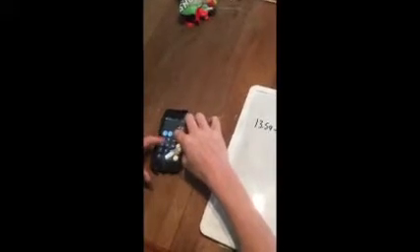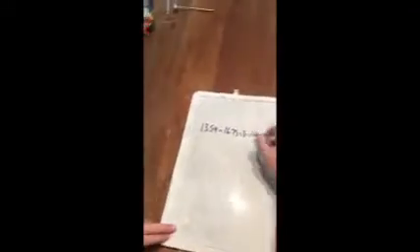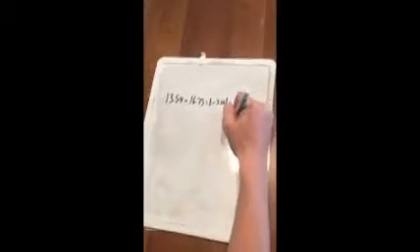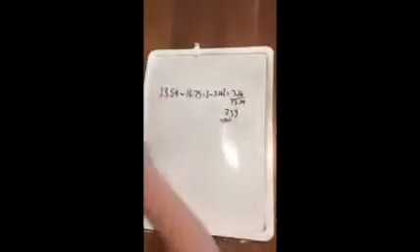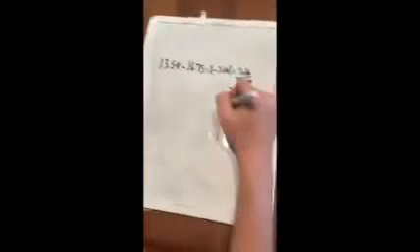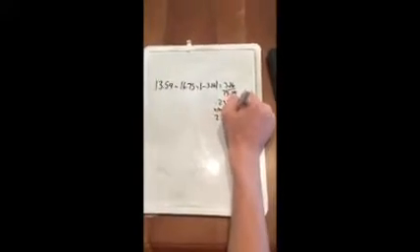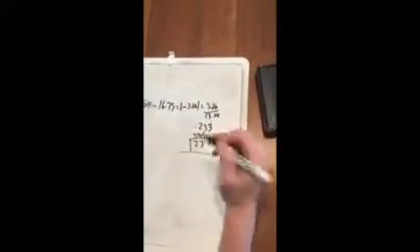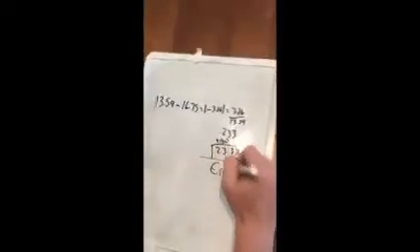So 3.16 divided by 13.59, you get about 0.233, times 100, 23.3% error.